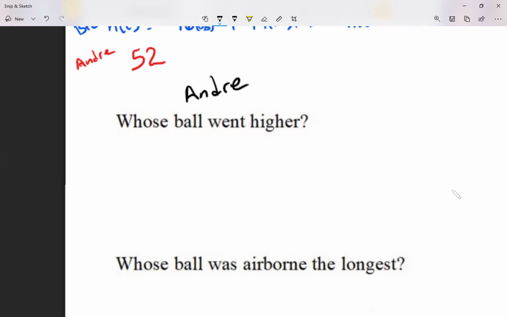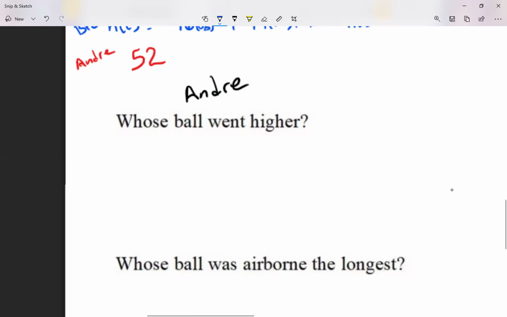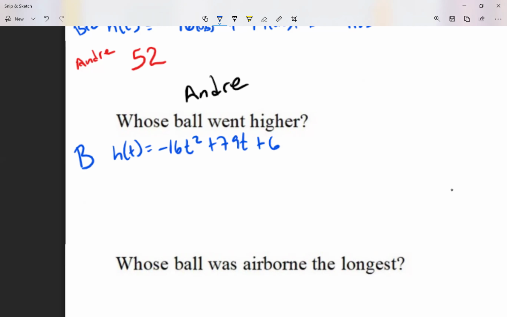Okay. So I got to remember for Brett, I have the function. So I'm going to use B for Brett. I remember the function we had: h of t is negative 16 t squared plus 79t plus 6.